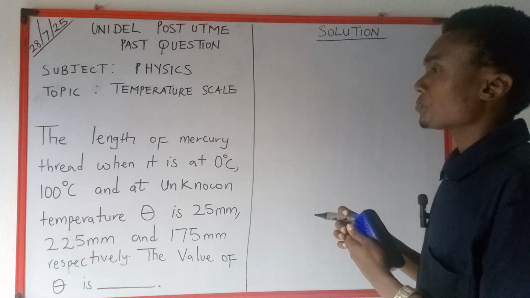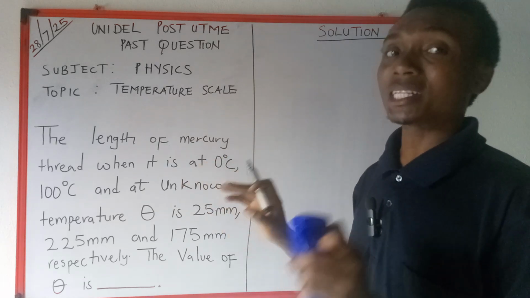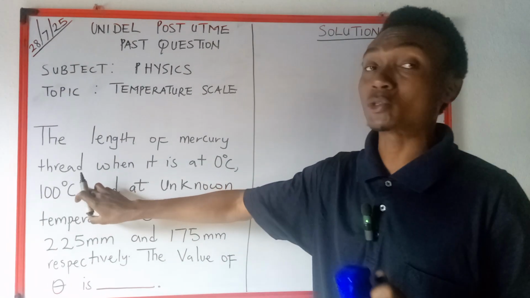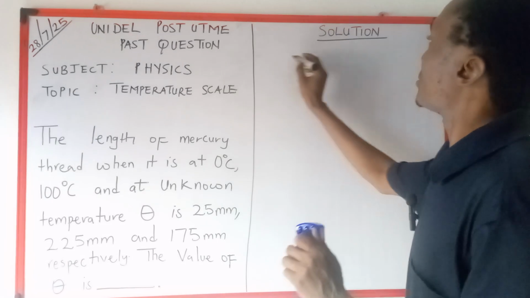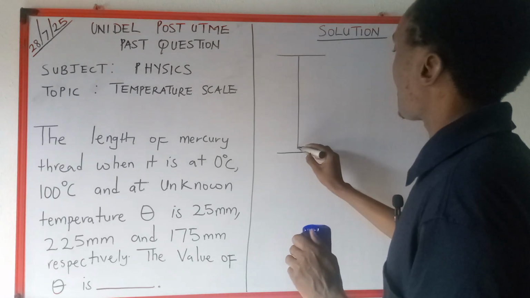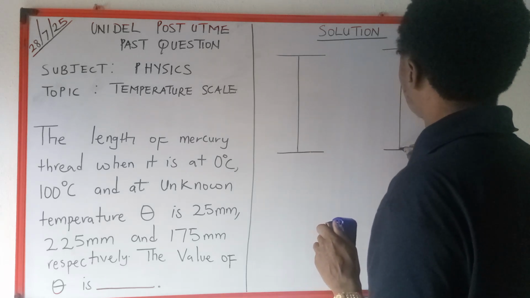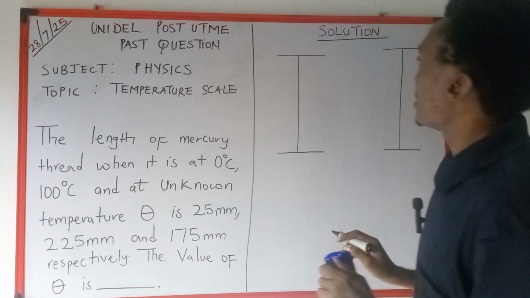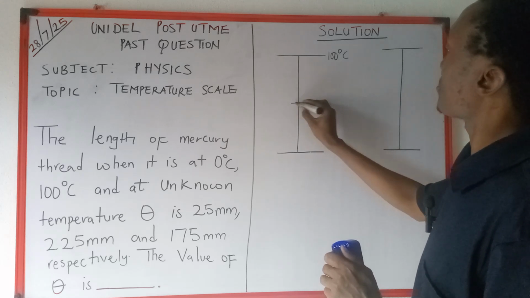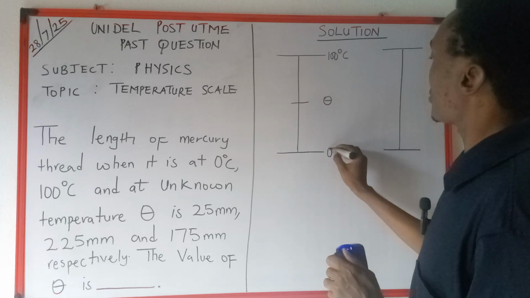Okay, so now this is a temperature scale question. There are things that you need to know about temperature scale. Since they're specifying degree Celsius, we're going to use degree Celsius. Now I'm going to draw. So now 100 degrees Celsius, theta is here, and 0 degrees Celsius.